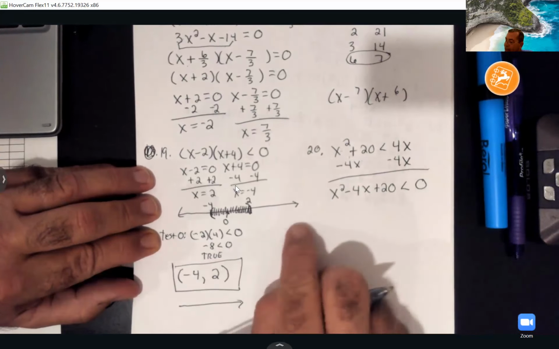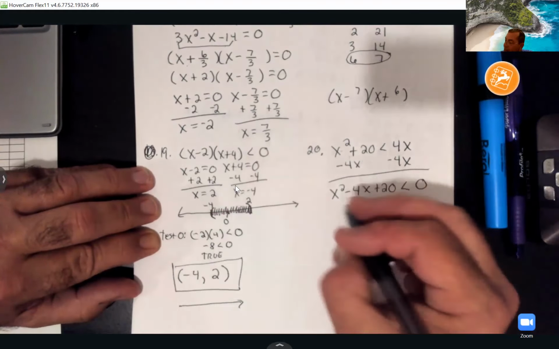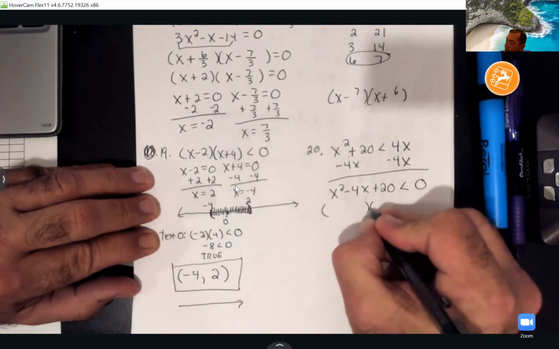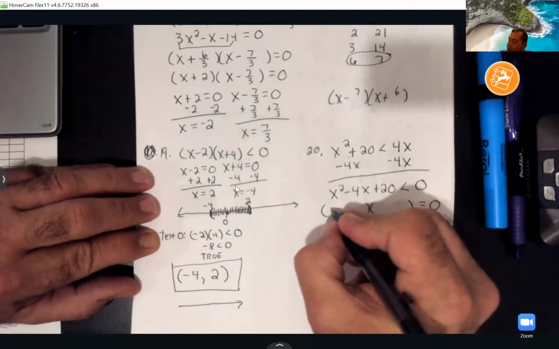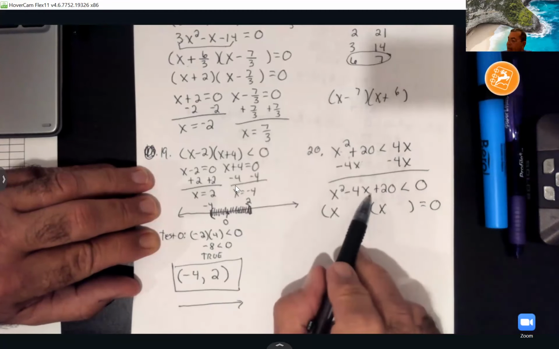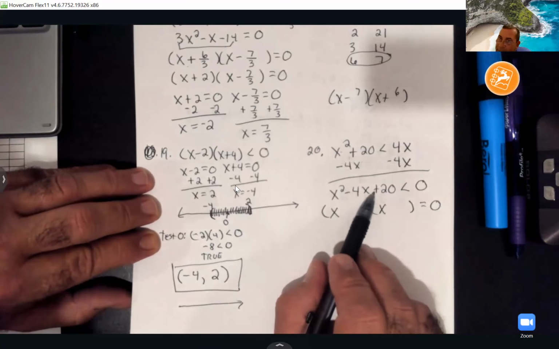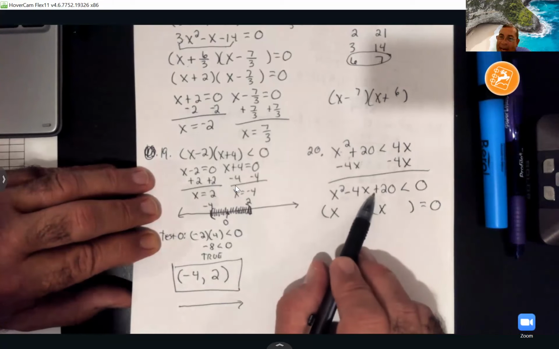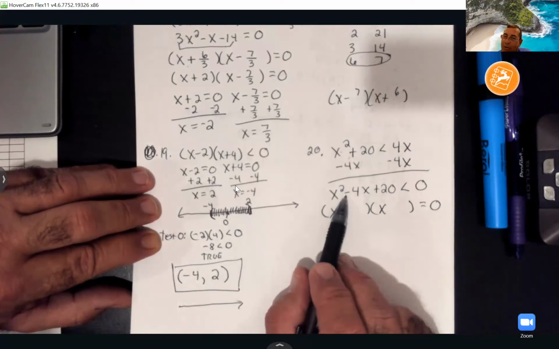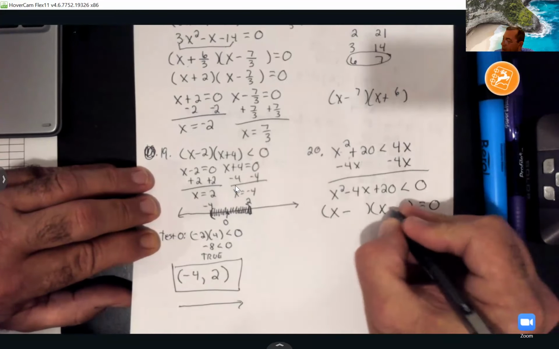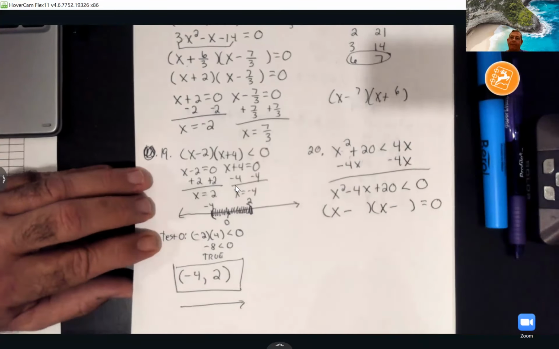All righty, so we need to get our two numbers so we can do our number line. At this point, I'm going to set it equal to 0. So I've got an x and an x. Since this last number's positive, we're going to have like signs, and these two factors will have the same sign as that middle number. So both of these are going to be negative.